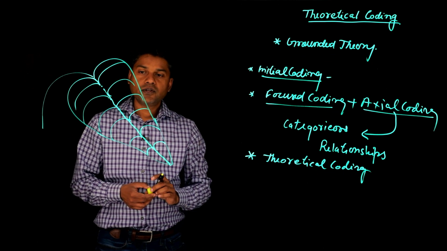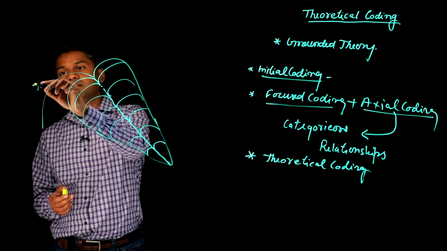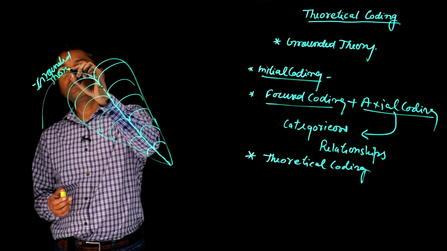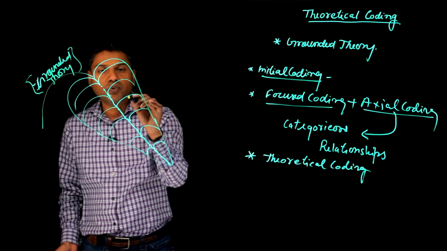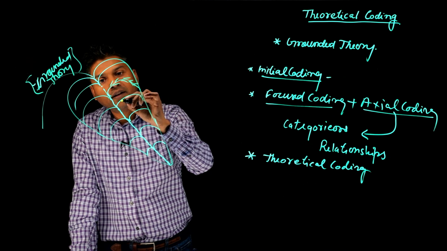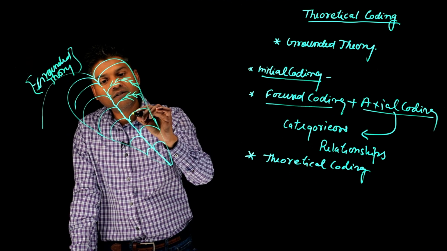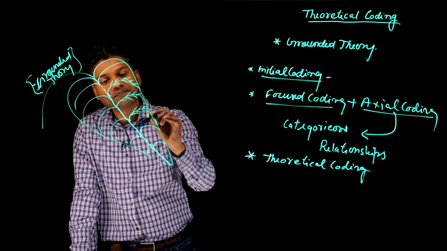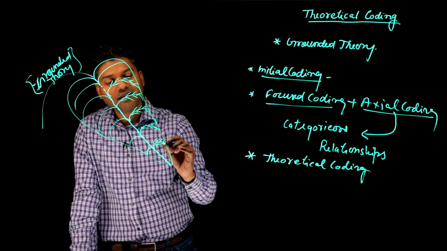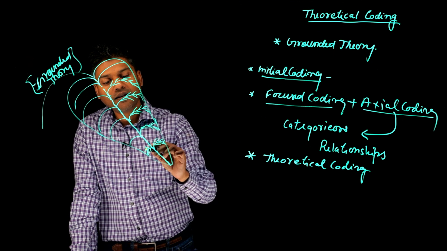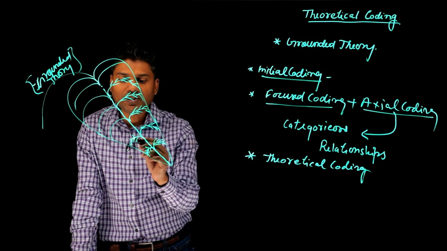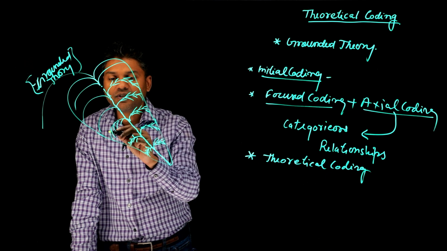Now, to refine this theory even more, we need to further develop it. So let's say if I want to develop this even further, I need more data. And I need data specifically that helps me develop these categories even further.